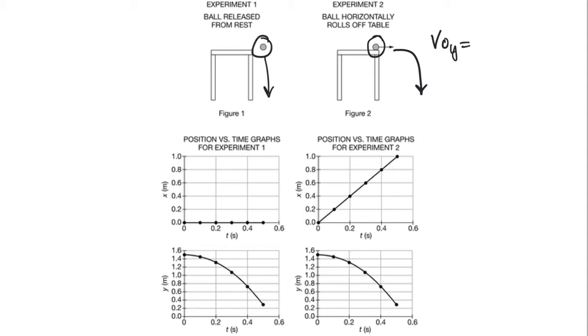Because they both fall from the same height, they're both going to be accelerating at the same rate. So they're both being affected by gravity, 9.81 meters per second squared. And we can see here that they both have a curve for their y position. Okay, so both y positions are going to have the same graph. So let's look at our problem down here.